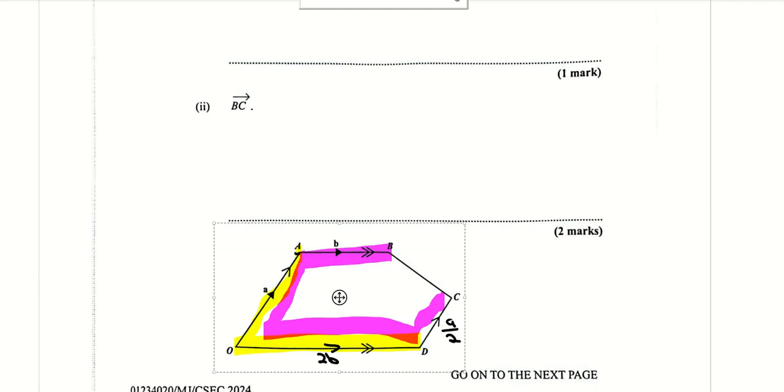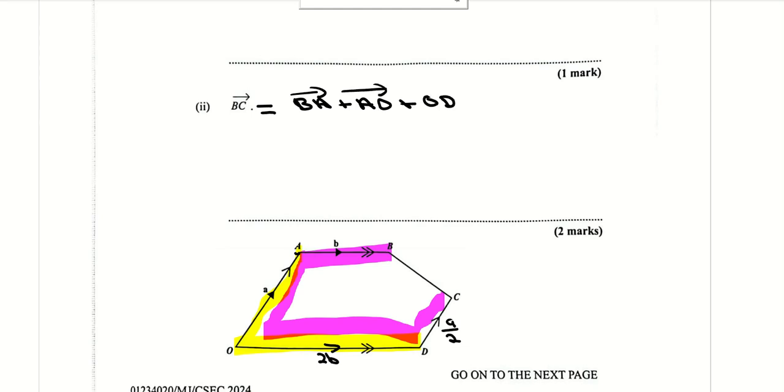So this is equal to B to A plus A to O plus O to D plus D to C. B to A is not B, it is minus B. A to O is minus A. O to D is 2B. D to C is A over 2.